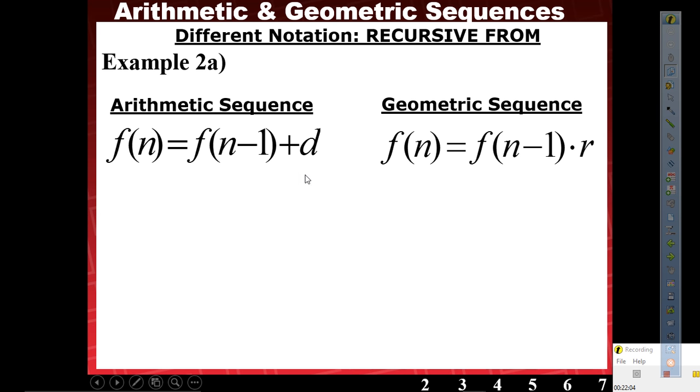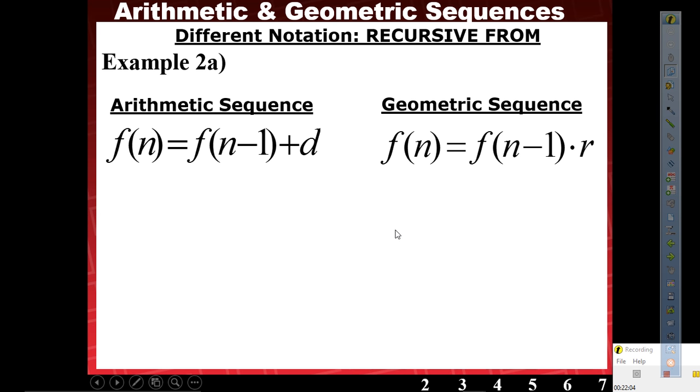Bam, the common difference. And this one is doing what? Common ratio. Hands if you got that. Yes? That is correct. So the only difference is that the first part is the same, but the last part changes because the arithmetic, they add, the geometric, they multiply, right? So, this is how this goes.